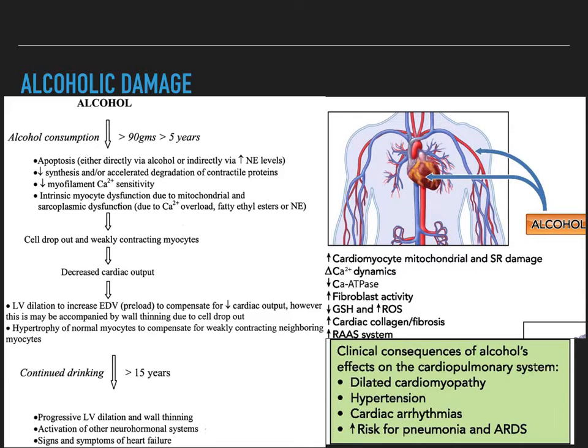And the diagram shows that if you continue to drink after those 15 years, then you will have more progressive left ventricle dilation and wall thinning. And also, you will have the signs and symptoms of heart failure. You start to show more signs and symptoms.